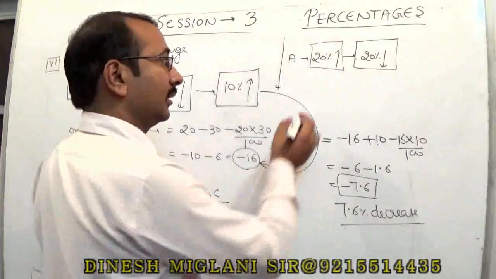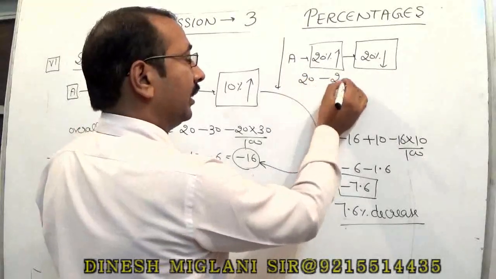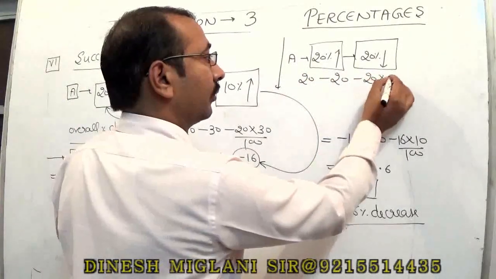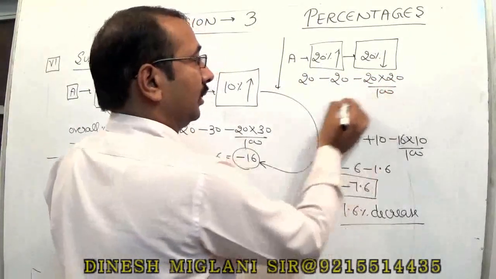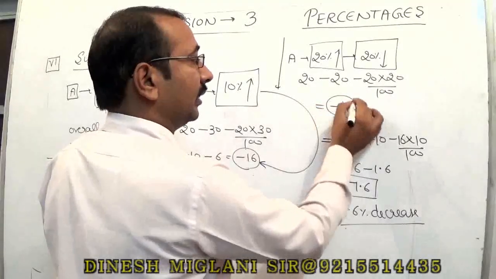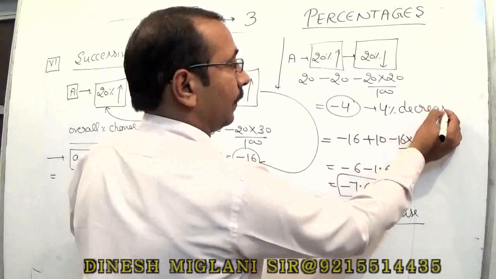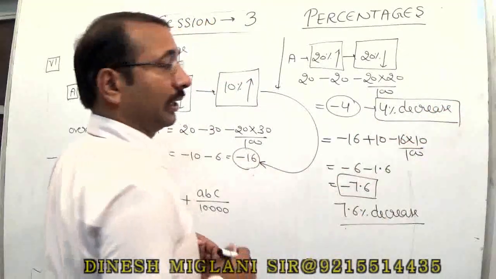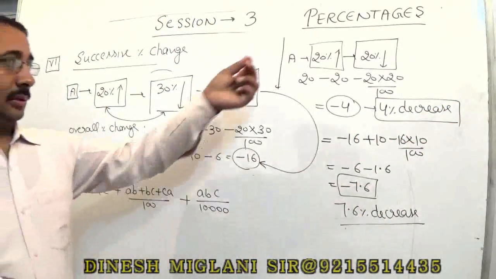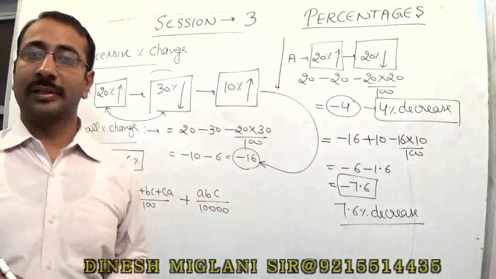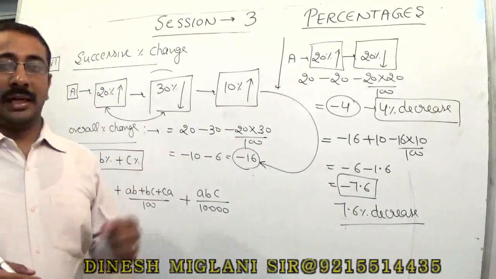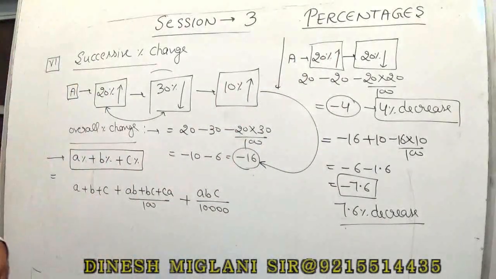So we can apply this: 20 minus 20 minus 20 into 20 upon 100. So I can say minus 4, it means there is a 4% decrease. Don't answer it 0%, we cannot say it. Why? Because 20 minus 20 minus 20 into 20 by 100, we are getting minus 4, that is 4% decrease.